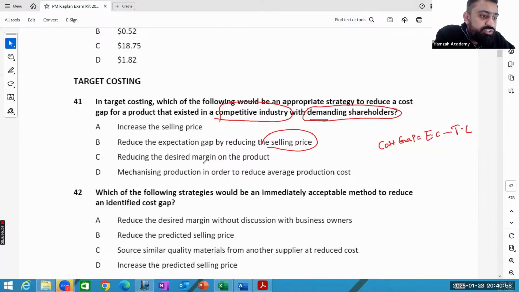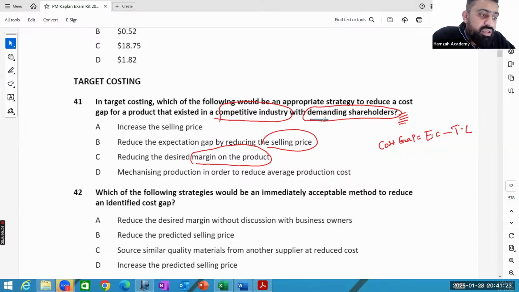C, reducing the desired margin on a product. C could be the answer, but in the question it is written the shareholders are demanding. So if you reduce the product margin, then returns of the shareholders would be affected. So it is also not possible.